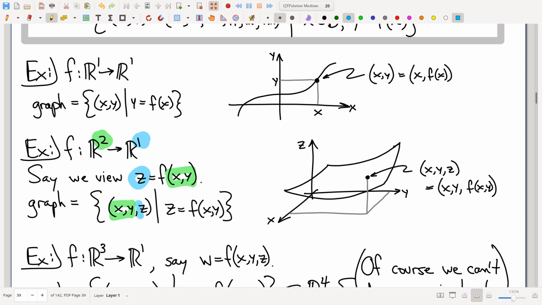You put that next, and again, that gives you a bunch of points. Notice that for every x and y, there is a corresponding z, and that produces a point. And again, if you do this for all the inputs, then you get, in this case, a surface. Right, so it's not a curve in the plane. Here, with two inputs and one output, the graph is a surface in space.